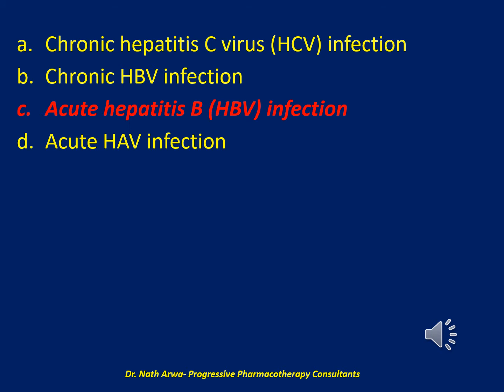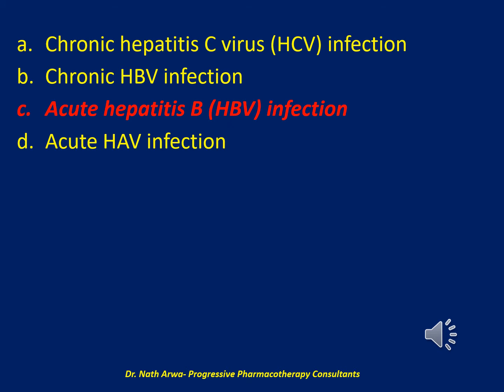Both HBsAg and anti-HBs are often positive in chronic HBV, that makes answer B incorrect, but the IgM anti-HBc distinguishes acute from chronic infection. In addition, aminotransferases are usually less than 100 international units per milliliter in chronic infection.